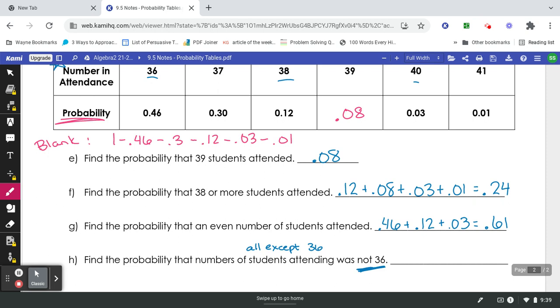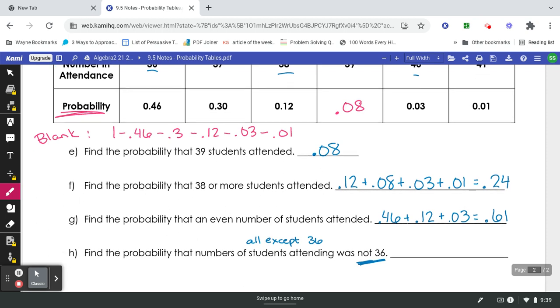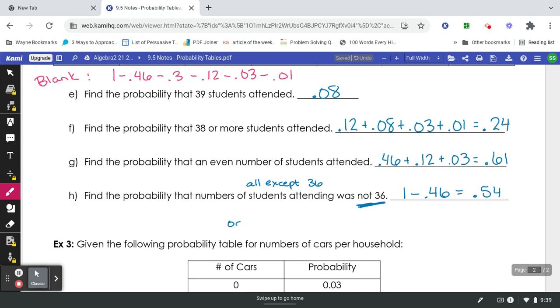Or if you notice that 36 is just one category, you could also do 1 minus the 0.46 because you know the total is 1. So 1 minus the 0.46 will give us 0.54. Or if you wanted to, you could total them all up. So 0.3 plus 0.12 plus 0.08 plus 0.03 plus 0.01 would also give you 0.54. So whichever way you understand better is the way I would suggest to do it.